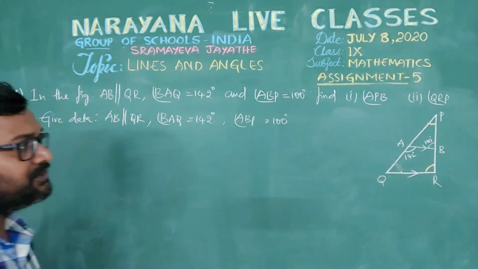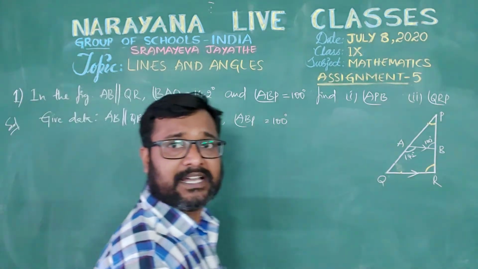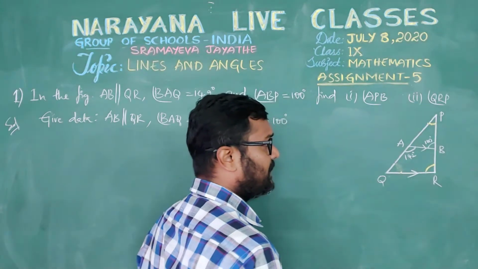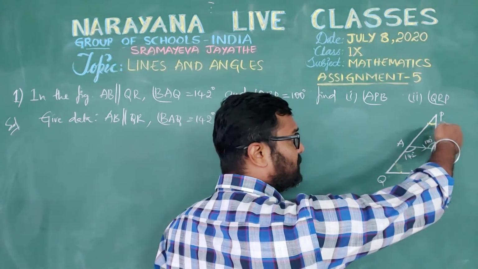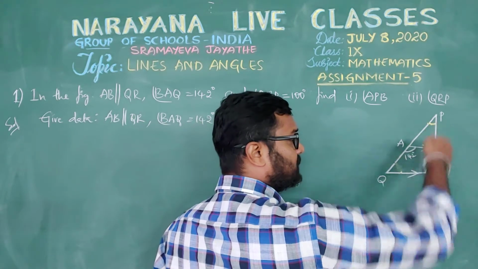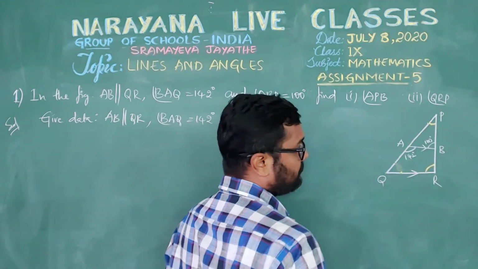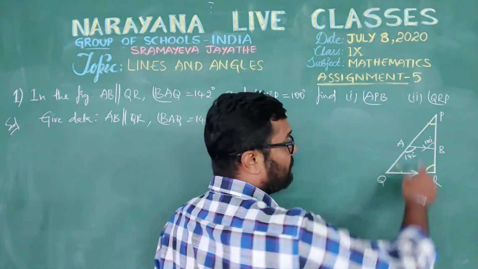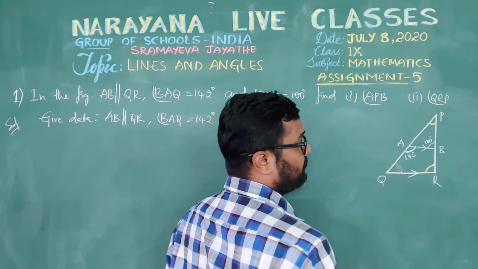If you observe this triangle APB, in this triangle these two angles are interior angles, and this angle is an exterior angle for triangle APB.